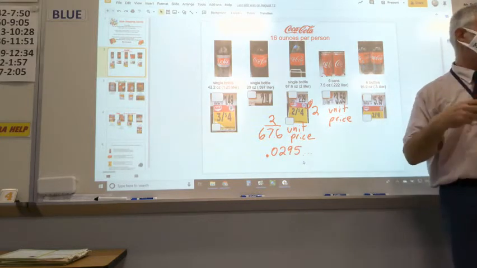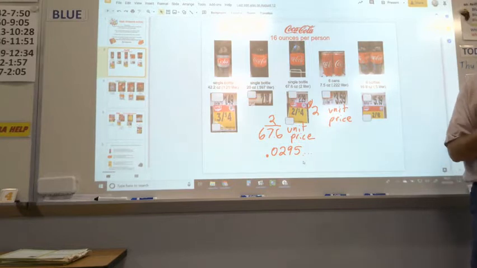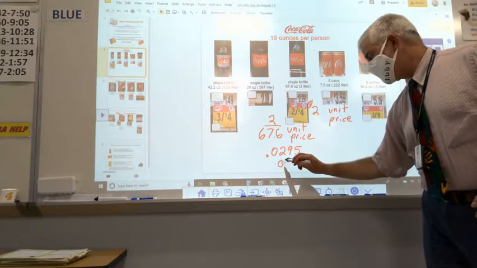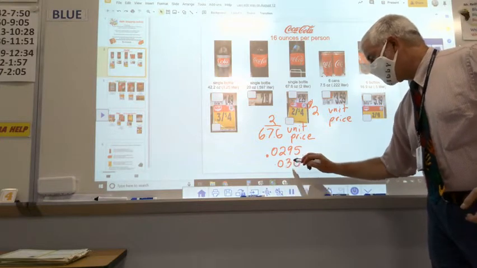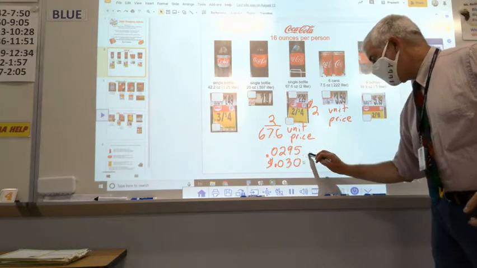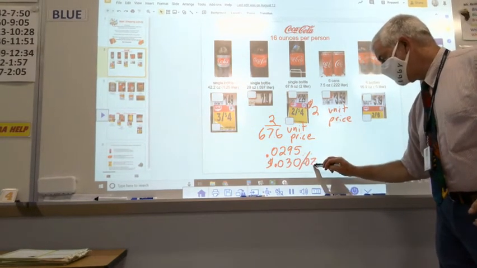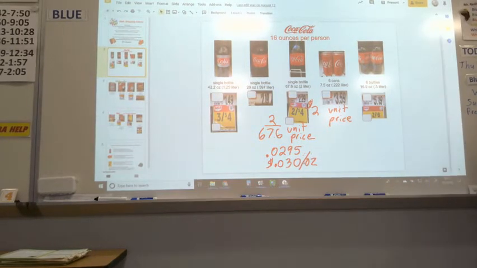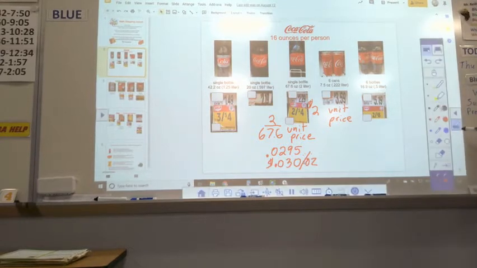So no matter what, even rounded to the nearest tenth of a cent or nearest thousandth of a dollar, this answer is 0.030 dollars per ounce, okay? 3.0 cents per ounce. Is that a good price? I don't know. I've got to compare it with something else. So let's go and see what we get with the 6-pack.